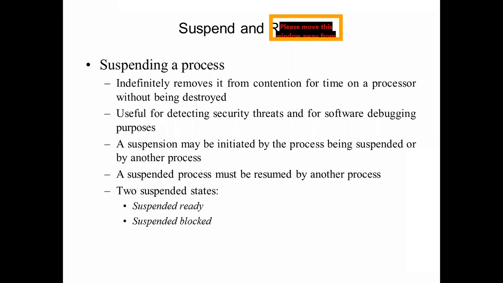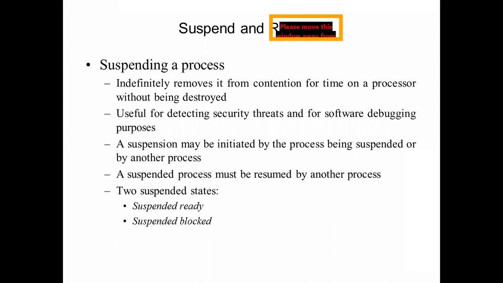Suspending means we are not permanently removing it; for a particular time duration we are suspending our process. Due to some problems on a processor, we are not going to destroy that process, but for a particular time we just suspend it and then resume.